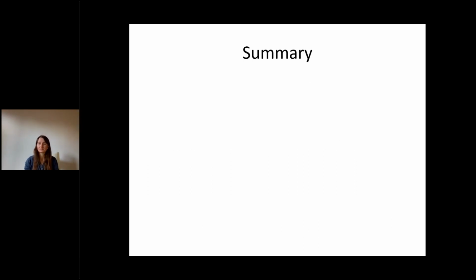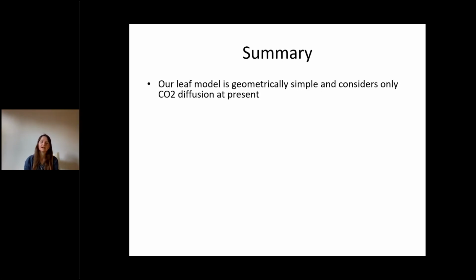So just to summarise this project and the findings so far and some of the ideas about where to go next, really. So we've generated an extremely simplified model of a leaf using this cylinders packed into a cube visualization. And we have modelled using physical diffusion laws how we might expect CO2 uptake to vary based on the number and the size of the air channels within that area of leaf.